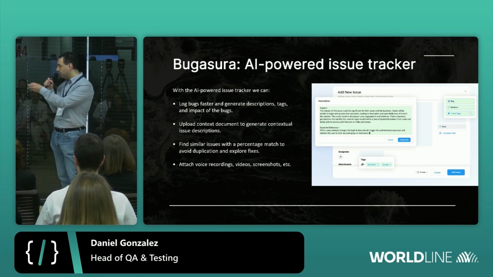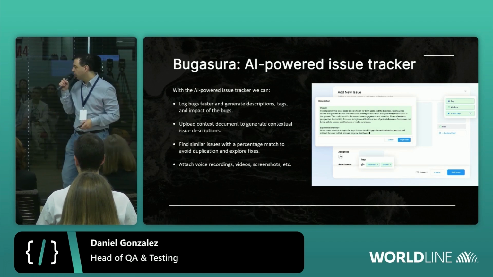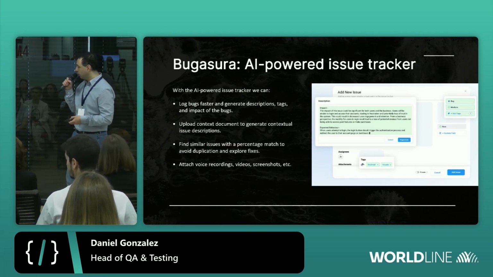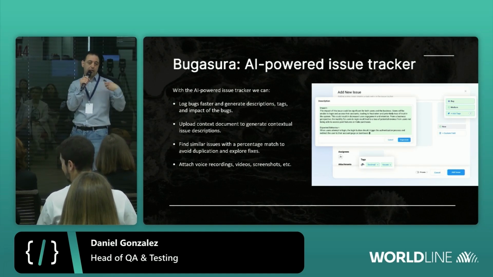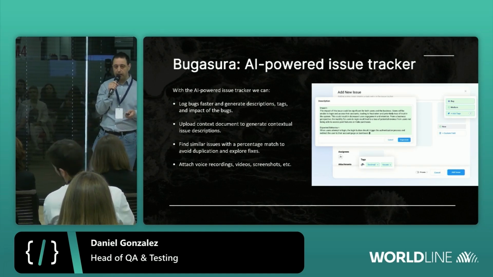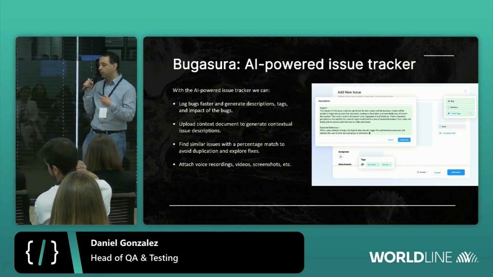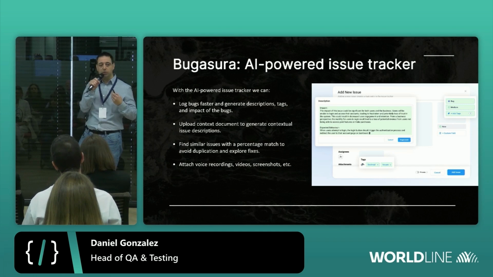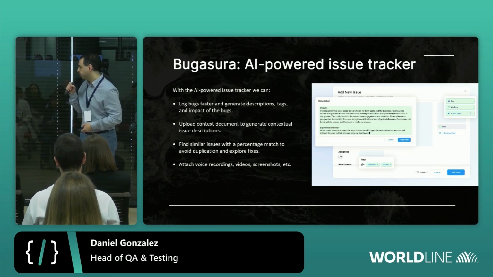You can have some help with the context, and something which is quite nice, it can try to check whether you have some duplicates in your database. So maybe at the time of entering, I've generated a ticket for a bug or something. You can get the input in real time: okay, what you are trying to do has already been reported, etc.